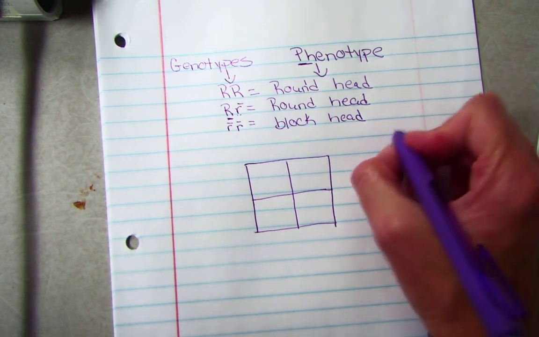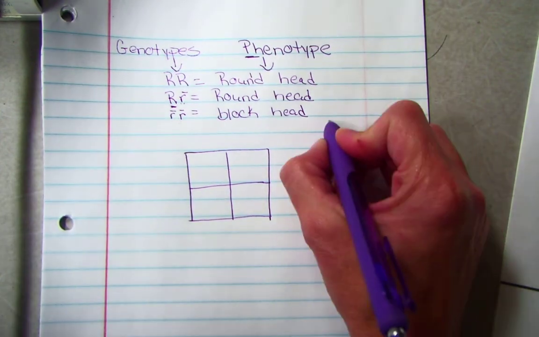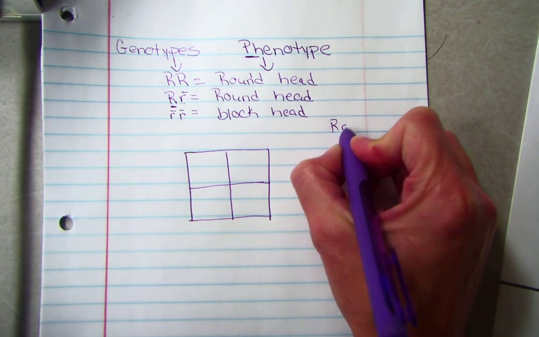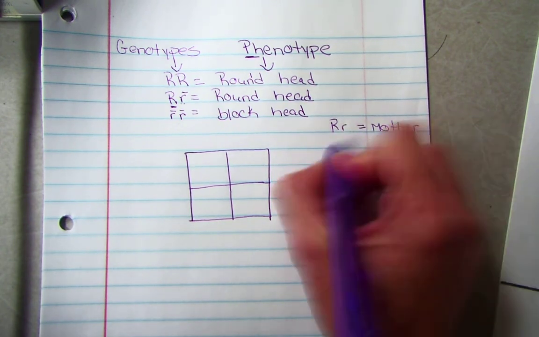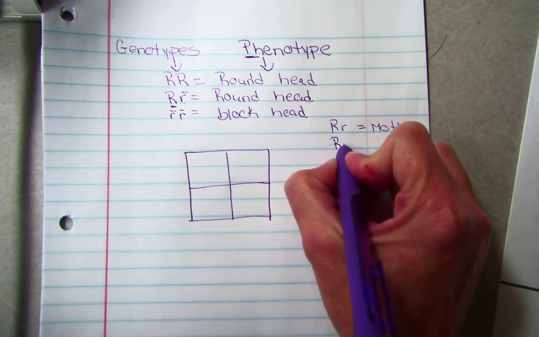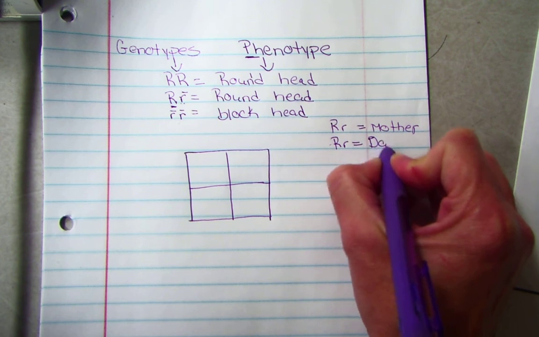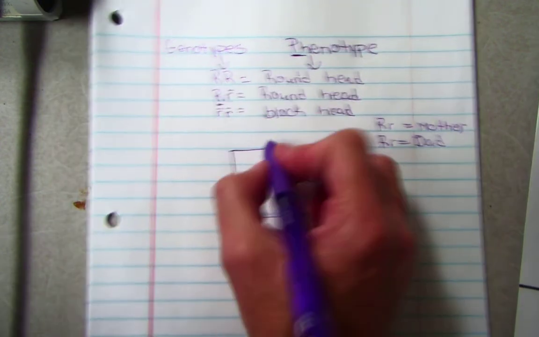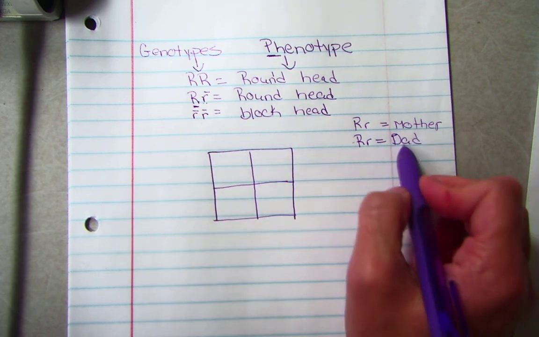So let's say we've got capital R, lowercase r as the mother, and the father is also capital R, lowercase r. That's the dad.